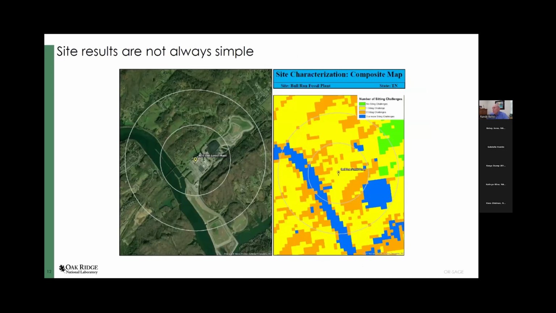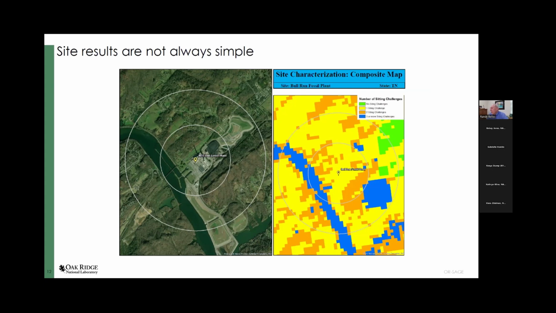So this slide shows just the opposite. I'd say here that this slide shows the results can become quite complicated to interpret. This is the Bull Run steam plant that just recently closed near Oak Ridge National Lab, where I am. Now, as complicated as that looks, there are actually favorable areas here, and there is a fusion technology entity that is looking to use this site for experiments.